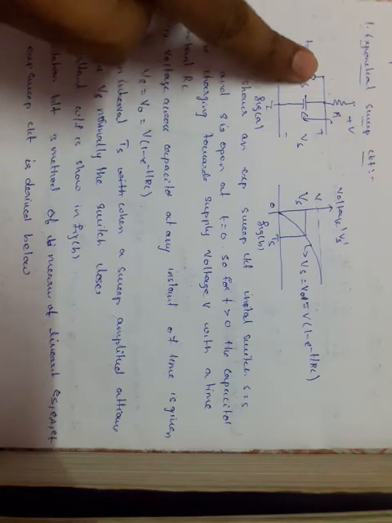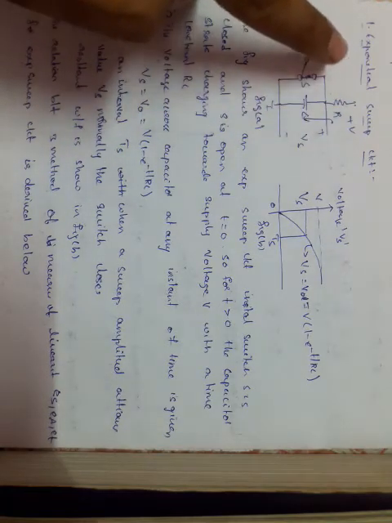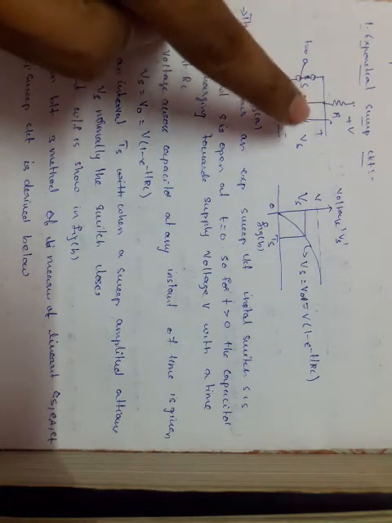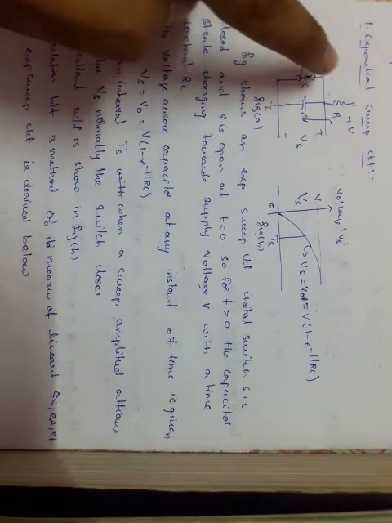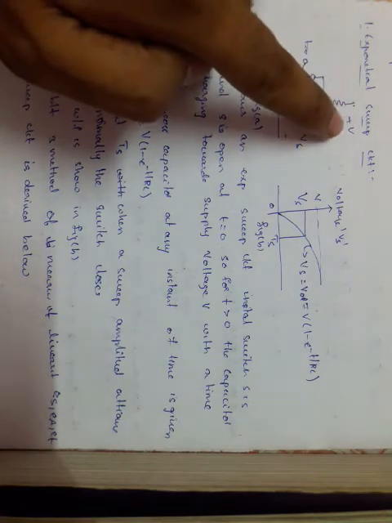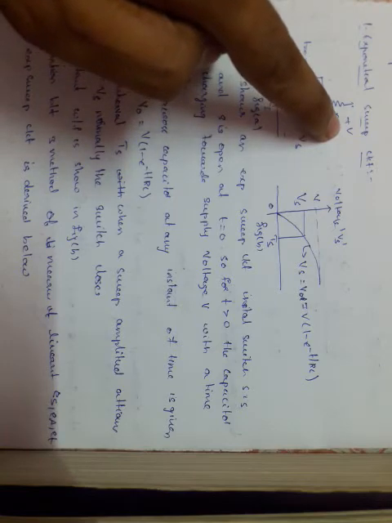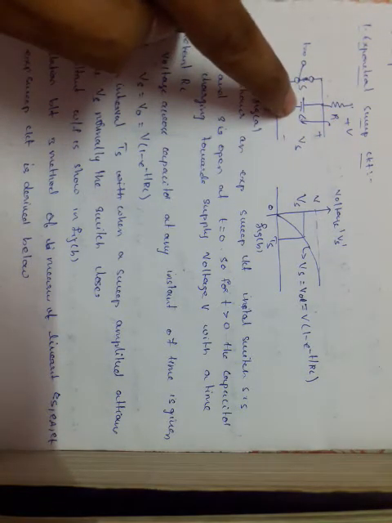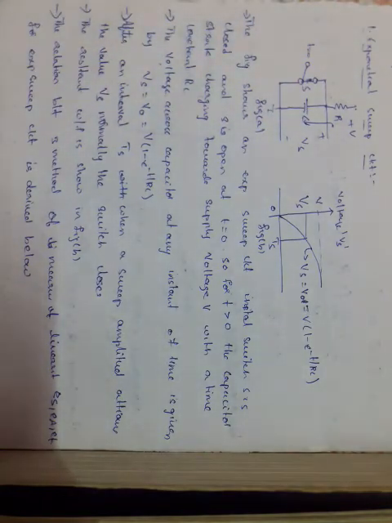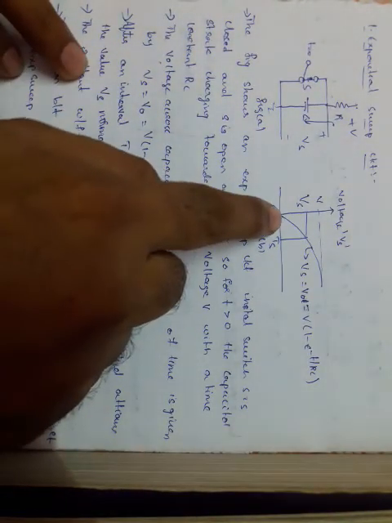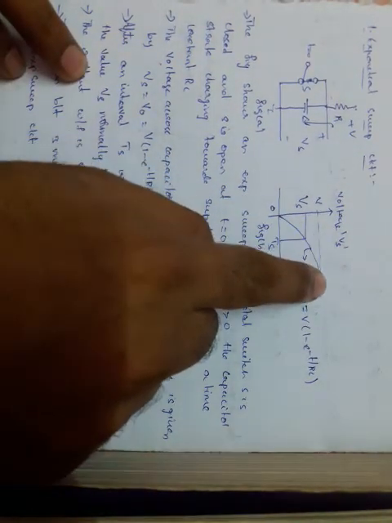Whenever the switch S is closed, the supply voltage starts from the resistor to the capacitor, that is, the whole circuit is supplied with the voltage V. Whenever this voltage V is supplied, the capacitor will be charged. Whenever the capacitor is charged, we will get the waveform in the exponential form.